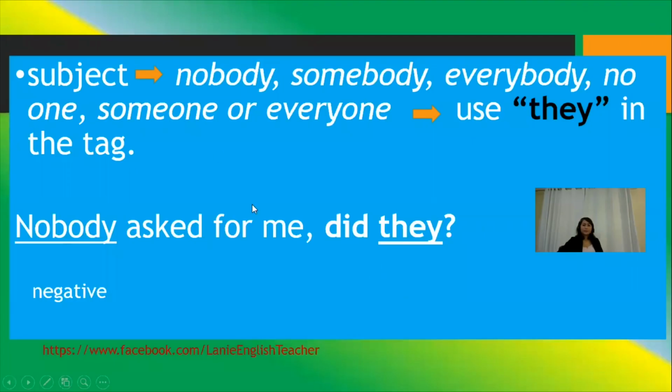Okay. Now, for the last rule we have here, in case words like nobody, somebody, everybody, no one, someone, or everyone are used as subject in the sentence, use they in the tag. All right, use they in the tag.